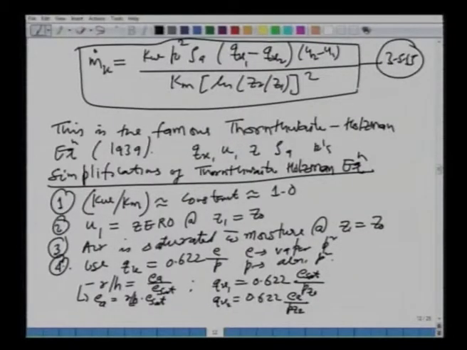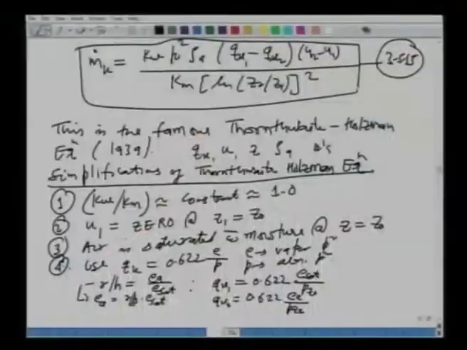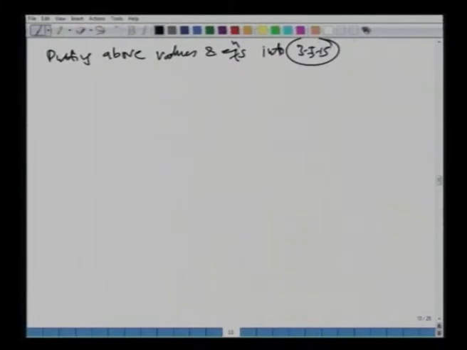Now, what we do is we put all these assumptions or simplifications back into 3.5.15, which is your Thornthwaite Holzmann equation, and simplify this. Putting all of the above simplified expressions into 3.5.15, what do we get?